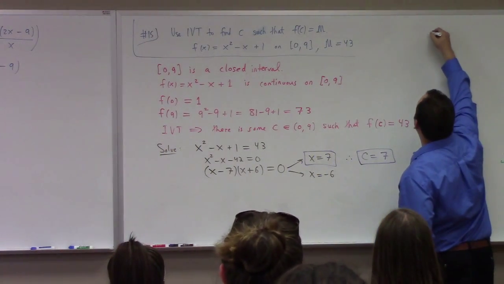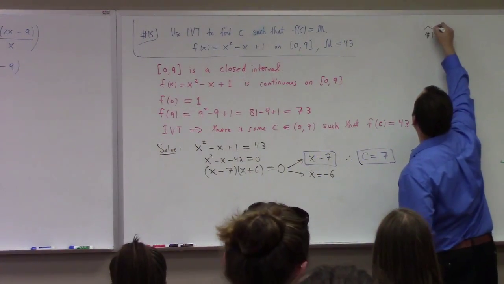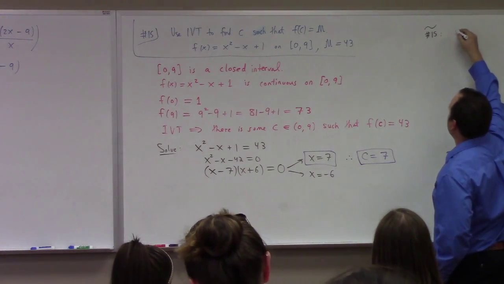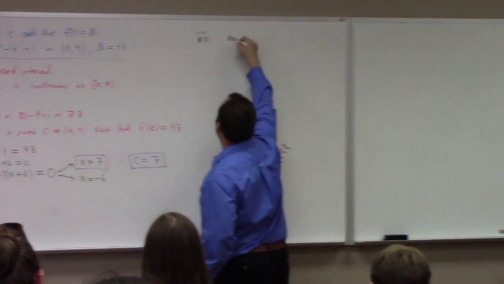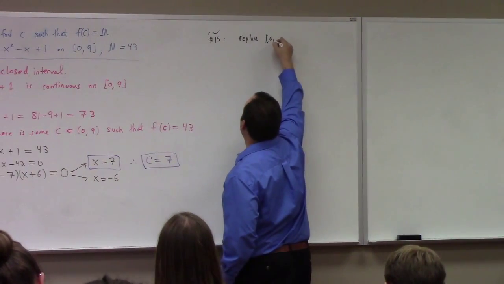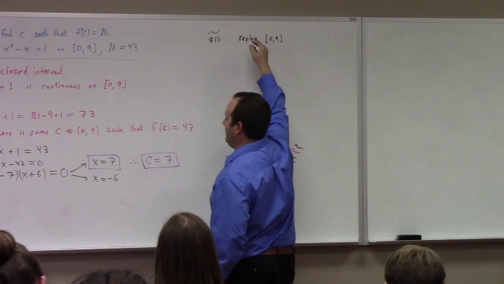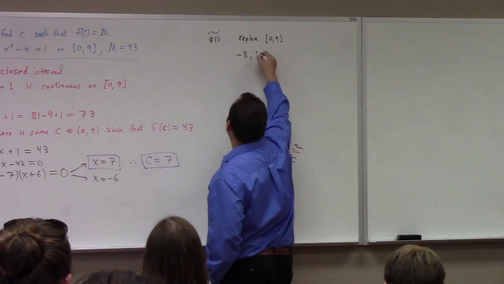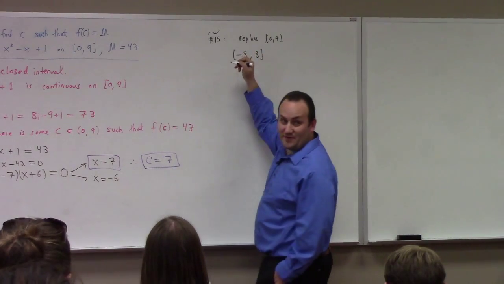Yeah. So, let's say number 15. Let's say that you had looked at, instead of 0 to 9, let's replace that with, say, goodness gracious, I don't know, how about minus 8 to 8 or something like that. Or what you said would also be fine.